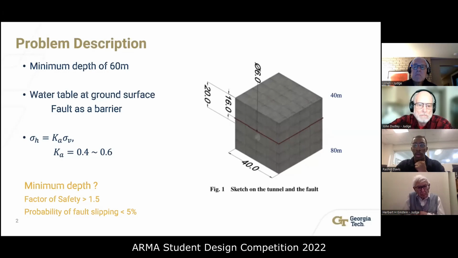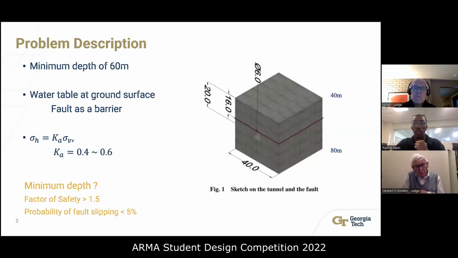The red layer in the figure represents the location of the fault, and the tunnel with a radius of 3 meters is at a depth of 60 meters in this figure. So the objective of the project is to find the minimum depth of the tunnel with a factor of safety larger than 1.5, and the probability of slip to be less than 5%.